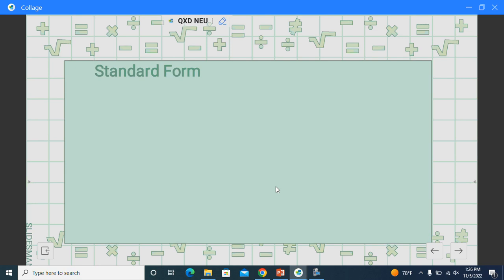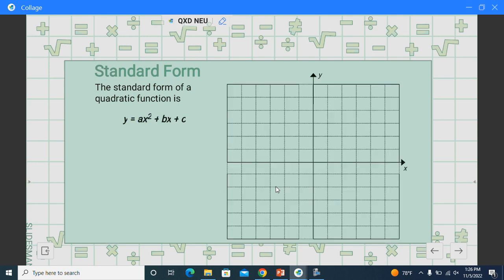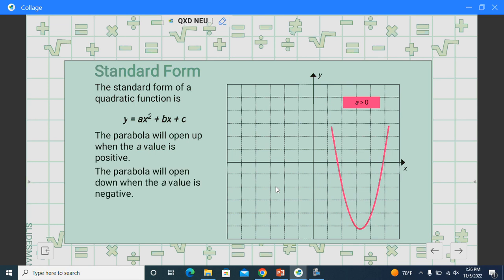The standard form of a quadratic function is y is equal to ax squared plus bx plus c. The parabola will open up when the a value is positive, that is, a is greater than 0. The parabola will open down when the a value is negative.